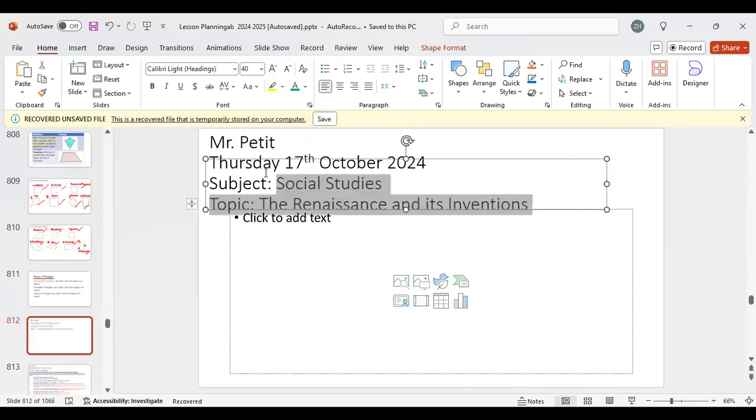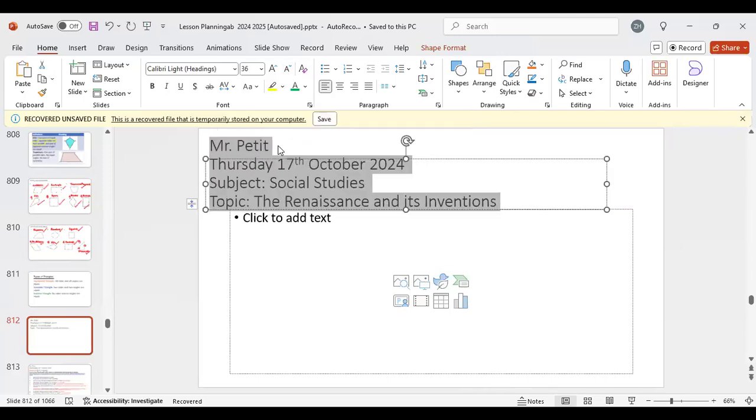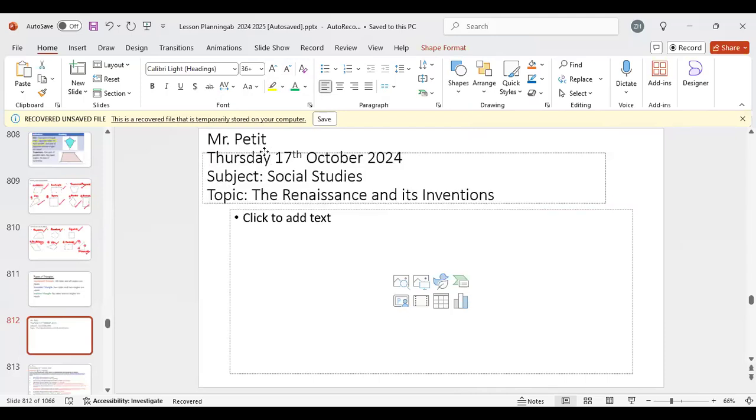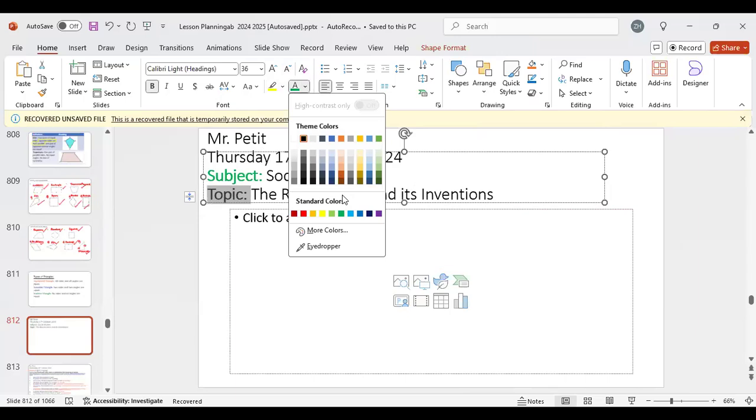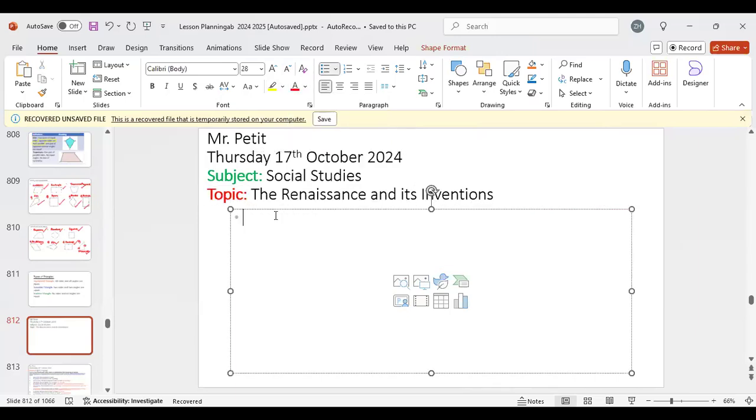The printing press. The printing press, yeah. That was a good invention. But we want to talk about the inventions that made exploration possible, their use, what we use them for and their function.